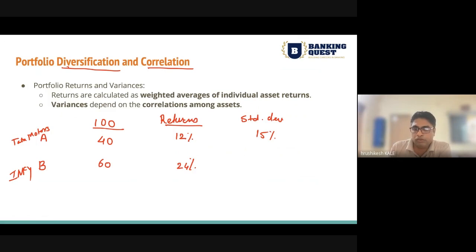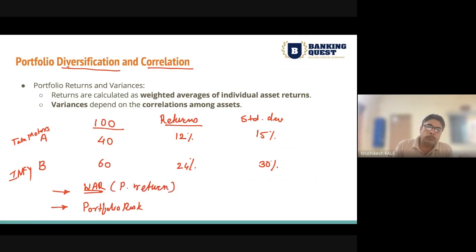The risk of Infosys is 30%. Okay. Does anyone know the formula to calculate weighted average return? Can anyone help me? Or the portfolio risk?